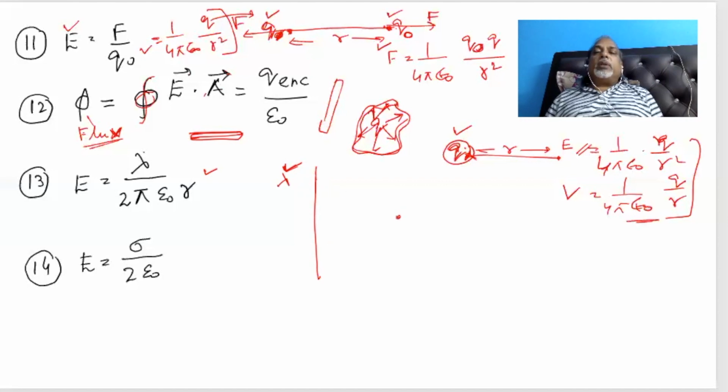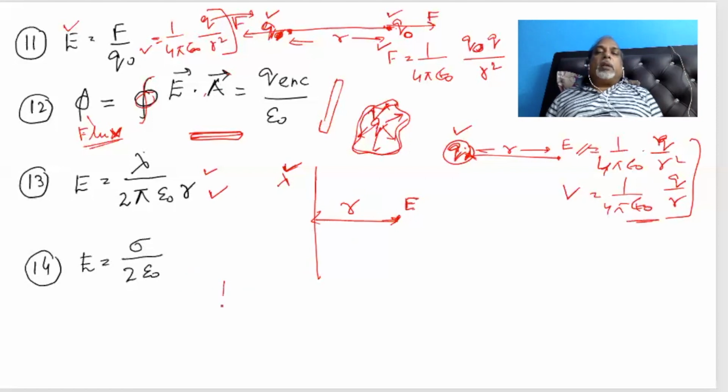If you want to find the electric field at this point, take the perpendicular distance r. With this formula we can find the electric field here.